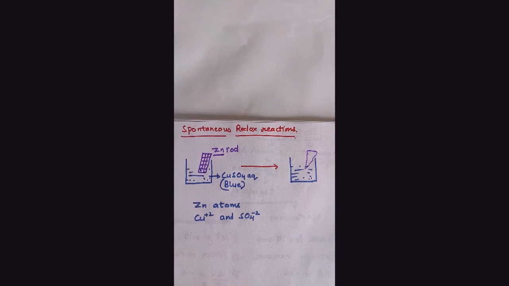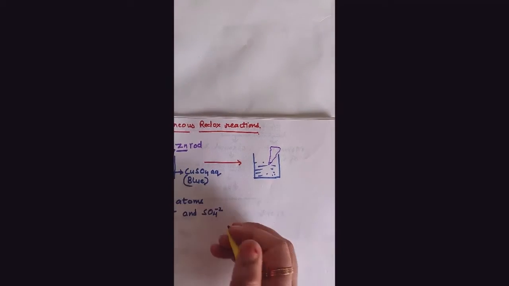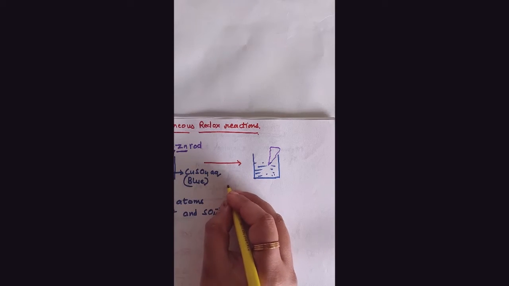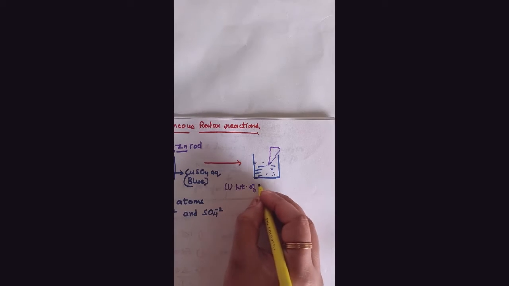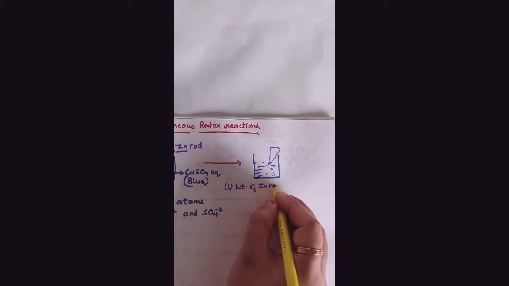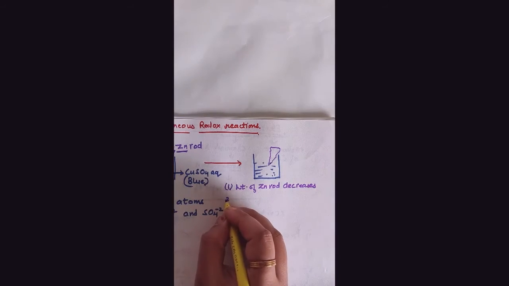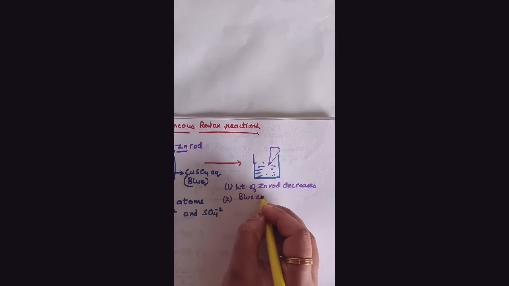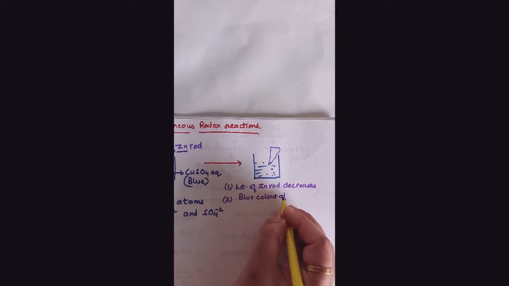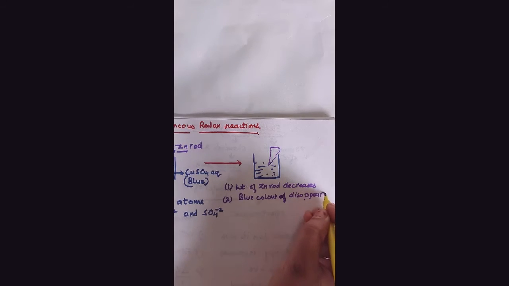So with the passage of time, there will be a few observations. The first observation is that the weight of zinc rod decreases, okay. Second, the blue color of copper sulfate solution disappears.